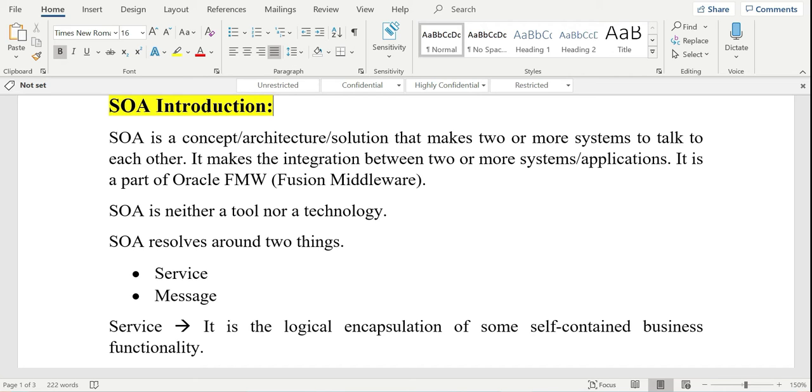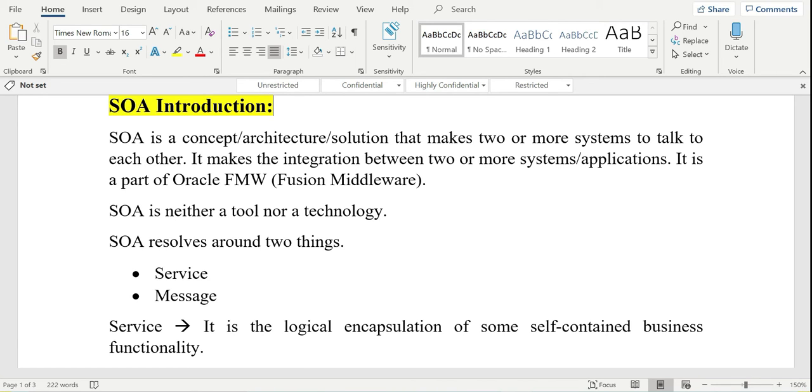Okay, so a service is nothing but a business functionality. It is just a function-based operation, you can say. It is a logical encapsulation that has some functionality inside it. Everything in SOA will be a service.